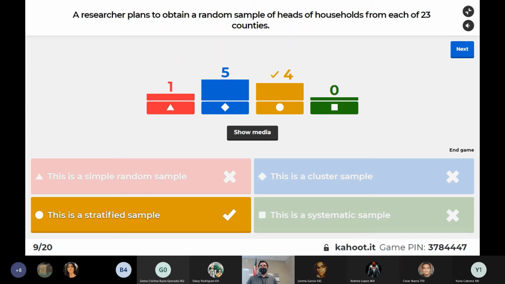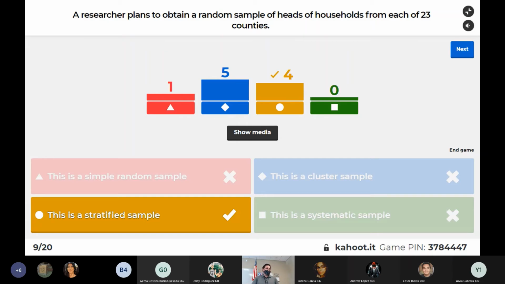And this is a stratified sample. Right? This is not necessarily a simple random sample, because a simple random sample would be simply randomly selecting people across all 23 counties without separating them out by each county first.